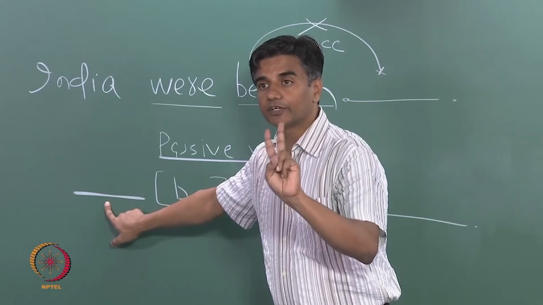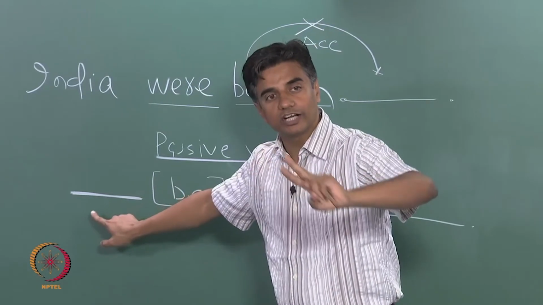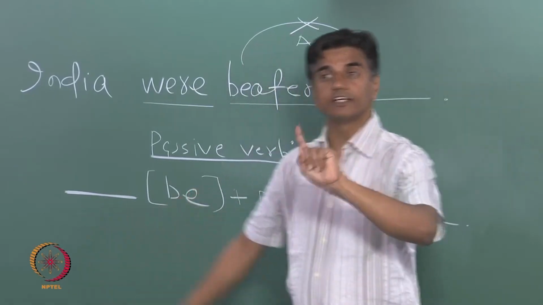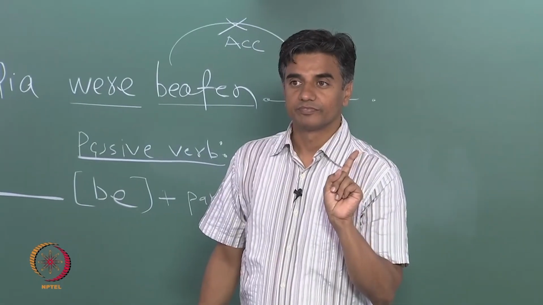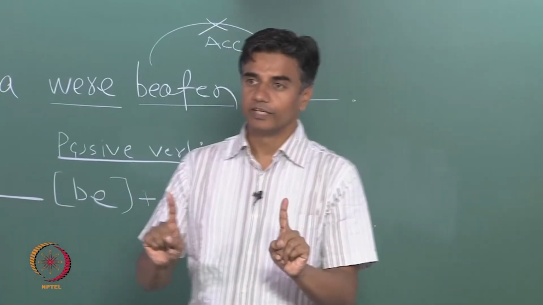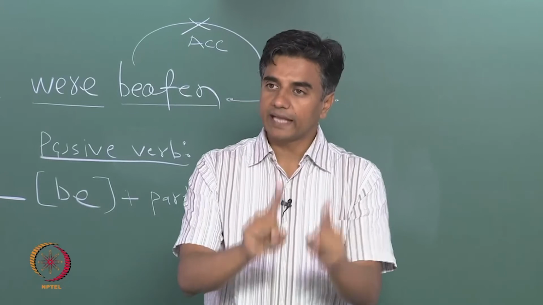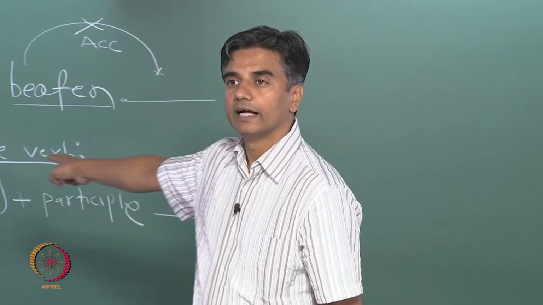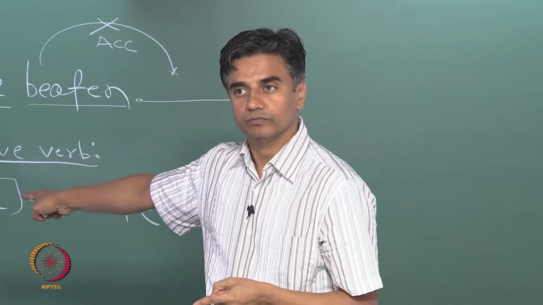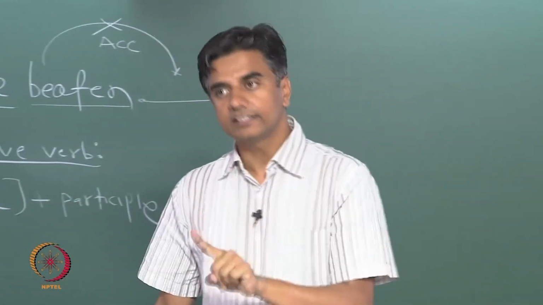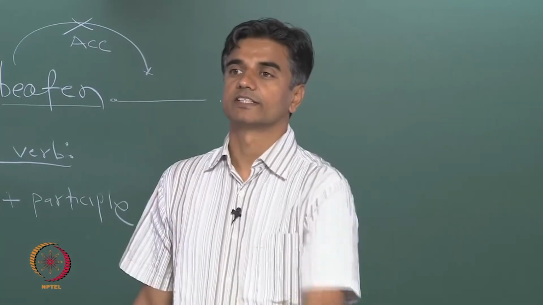Remember, I am trying to show you the contradiction, but I am not trying to say that an active sentence will not have a subject. That is not what we are saying. Here is the contradiction now. A passive verb will not allow an NP with a theta role, but it must have the subject.